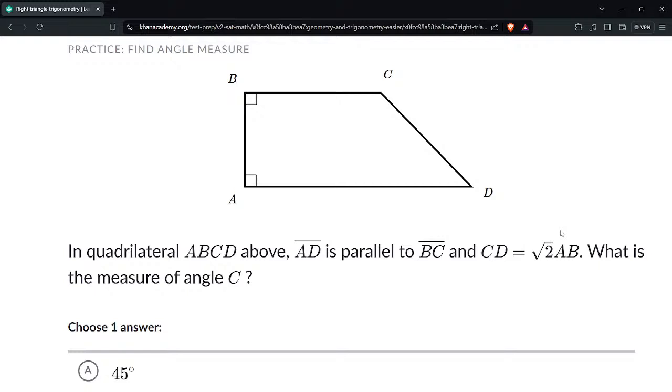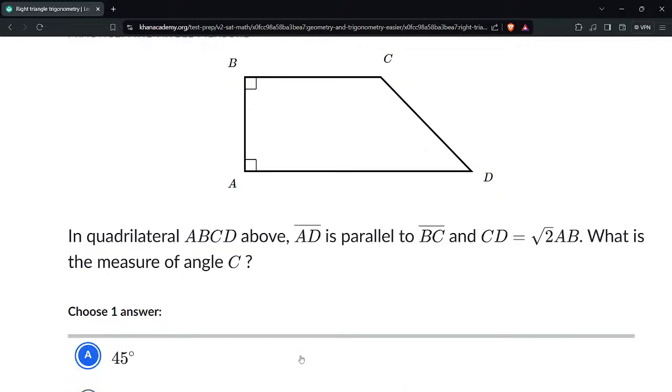Never mind, it was easy. Angle C will be equal to, okay, we have sine C is equal to, no, it's cos C. Yes, cos C is equal to AB by root 2 AB. So 1 by root 2. So we have shift cos 1 by root 2. 45 is the right answer.